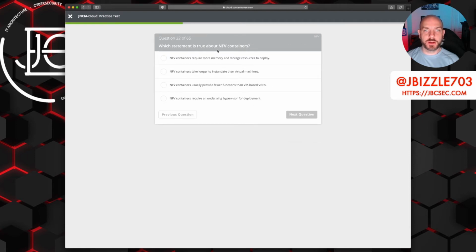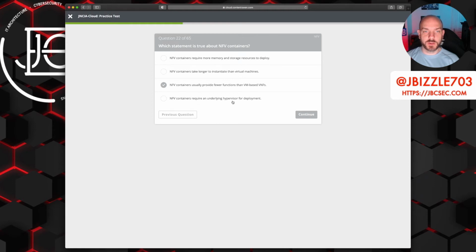Which statement is true about VNF containers? VNF containers require more memory and storage resources to deploy. VNF containers take longer to instantiate than virtual machines. VNF containers usually provide fewer functions than VM-based VNFs. Might be. VNF containers require an underlying hypervisor for deployment. Let's go with provide fewer functions. Longer to instantiate.